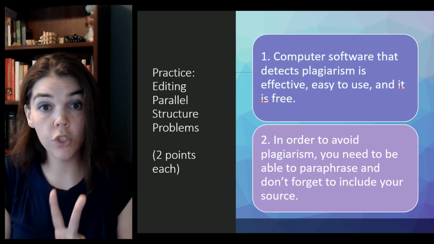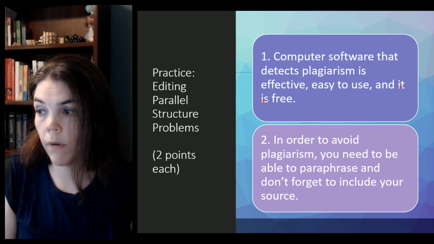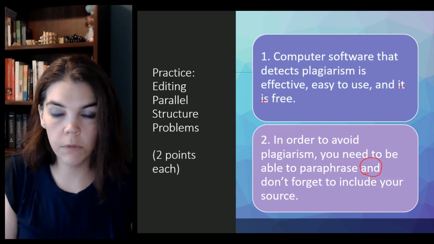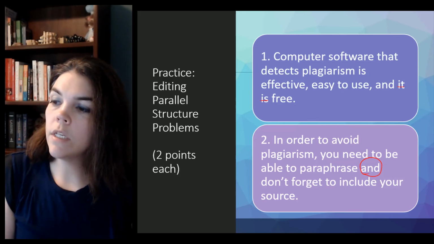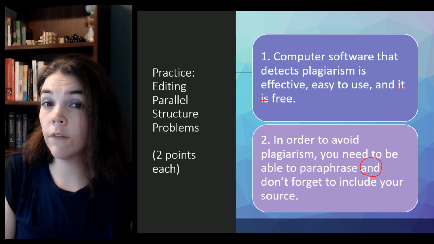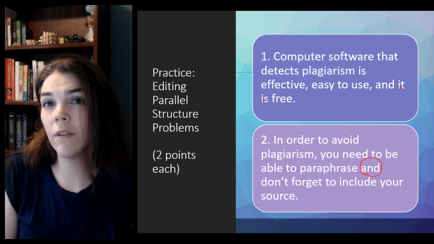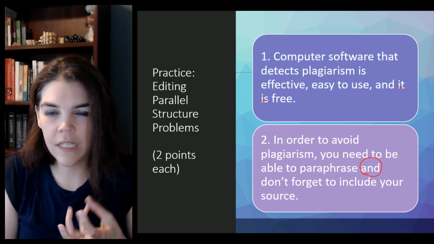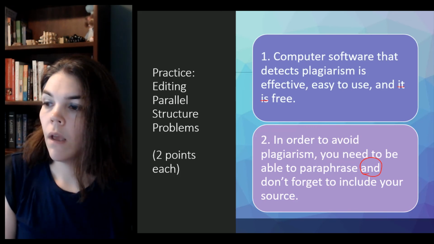The second one. This one we only have two. Well, we still have a connecting word, right? We have and. But we only have two items. That's okay. We still need them to be parallel. You need to be able to paraphrase. Now this one I see frequently in student writing because sometimes you just don't know how to make this negative, this idea. This is how you do it.